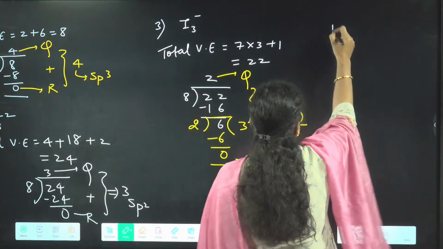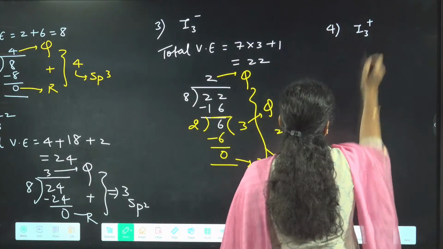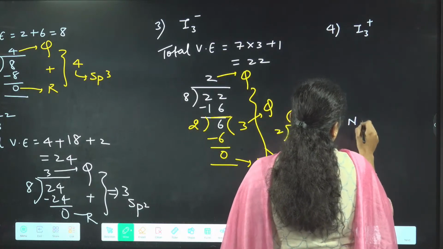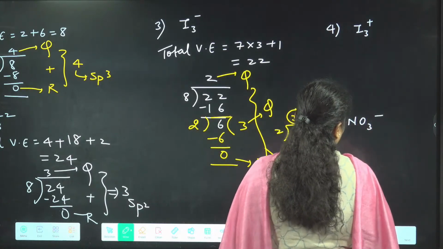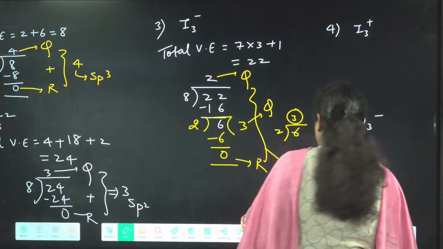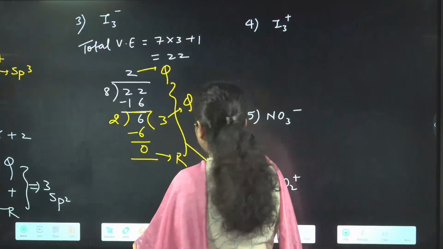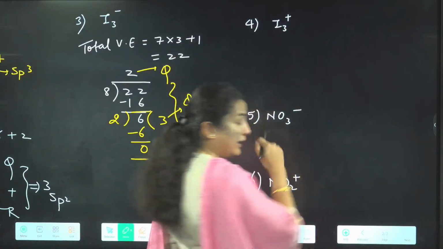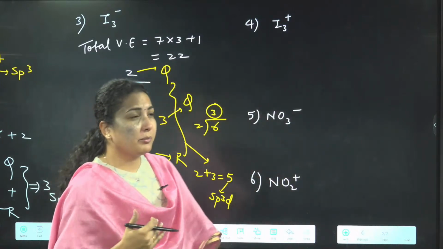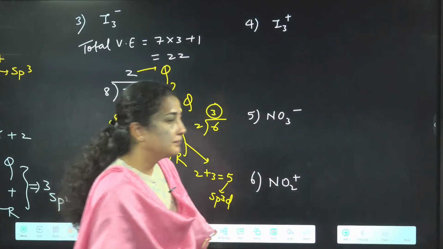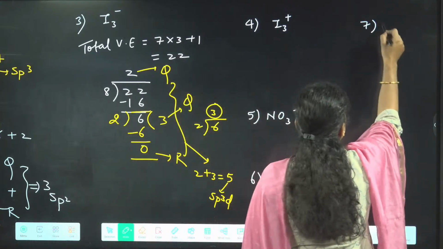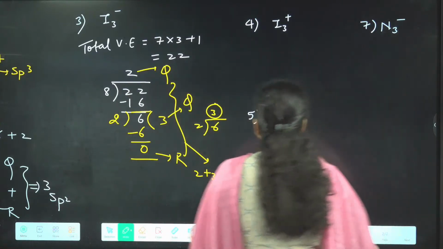Fourth one I am giving you, please do it. I3 plus, NO3 minus, NO2 plus. And please do not apply this particular method on electron-deficient species, okay? You have to rely on their structure only.